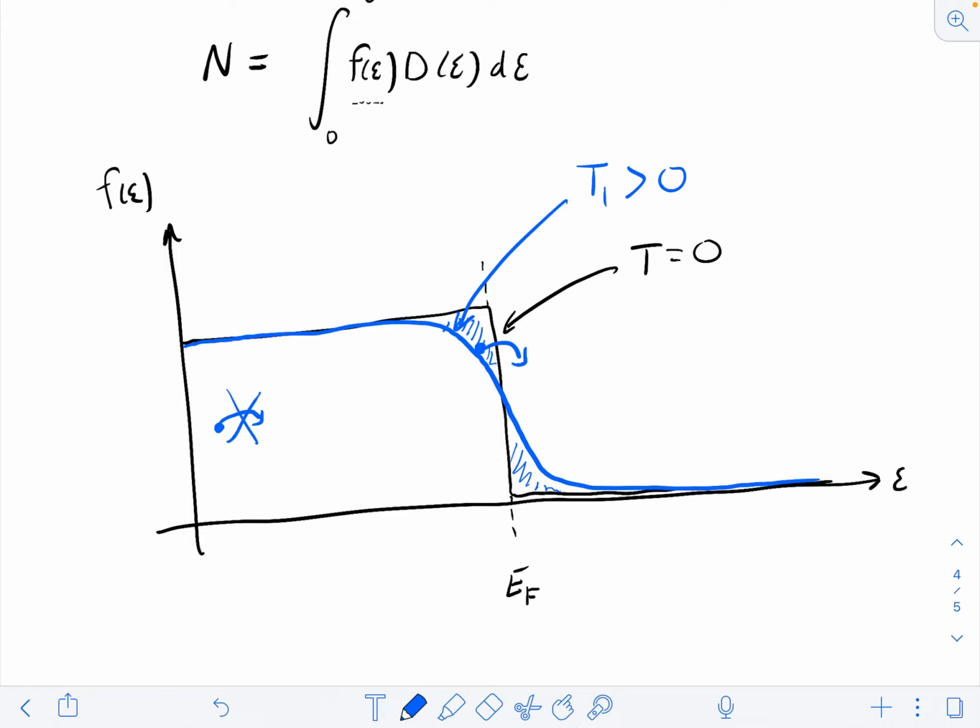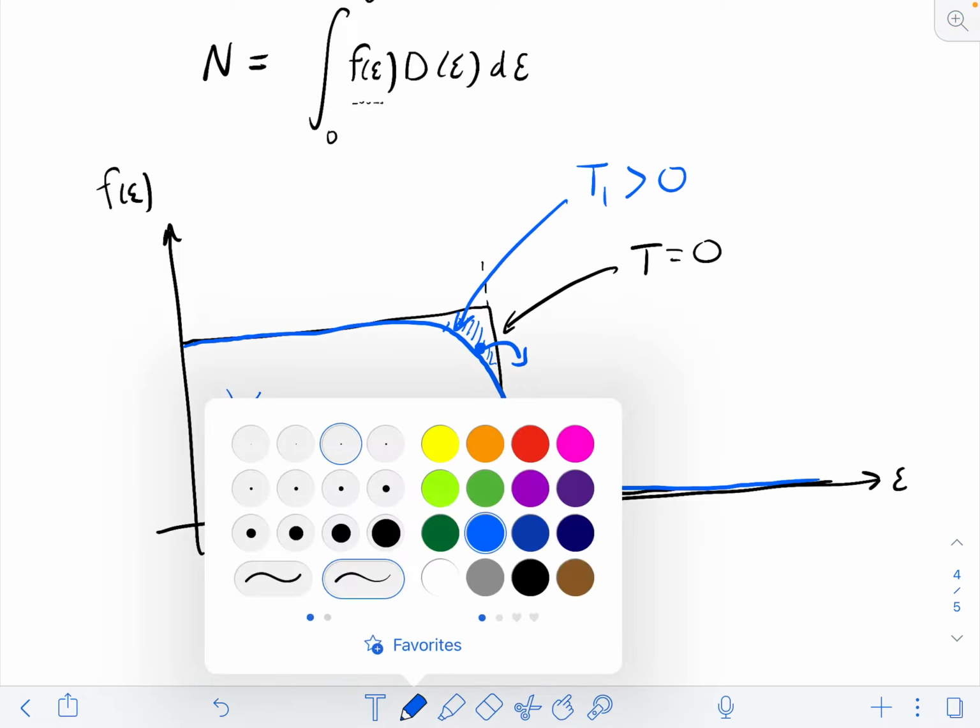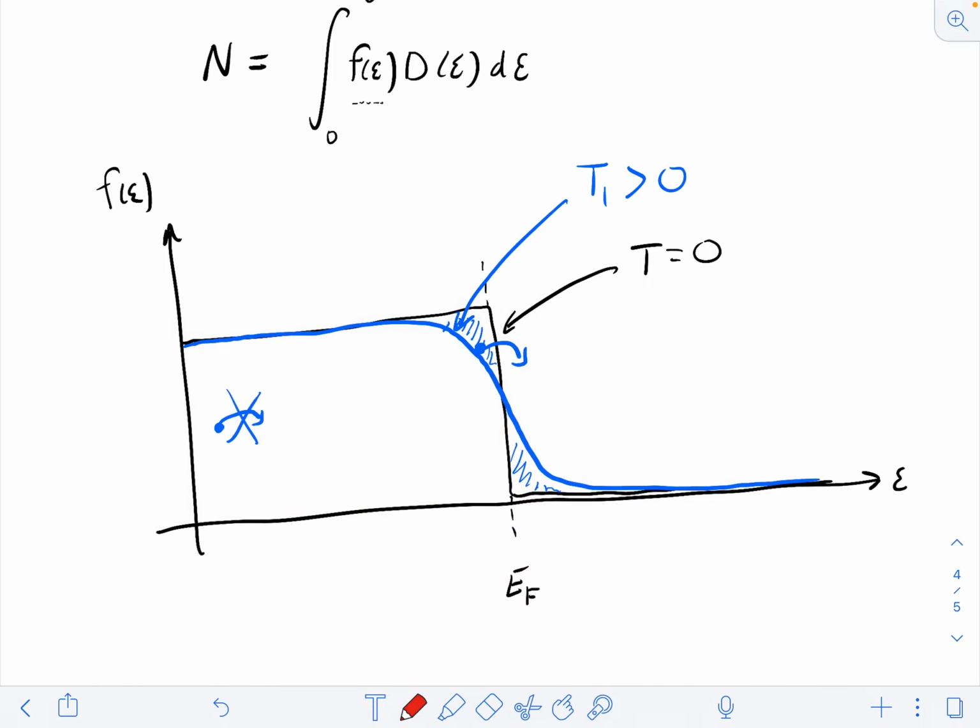So it's really only the particles that are in states close to the Fermi energy that are able to hop to a higher energy state and blur the occupation number near this Fermi energy. And that blurring just gets more exaggerated as temperature increases further. So this is going to be like a T2 greater than T1.